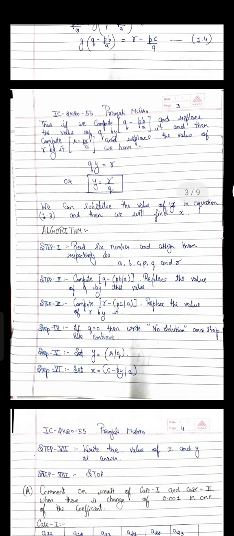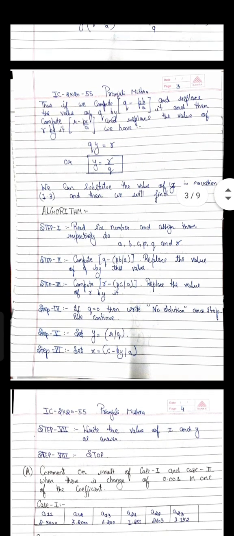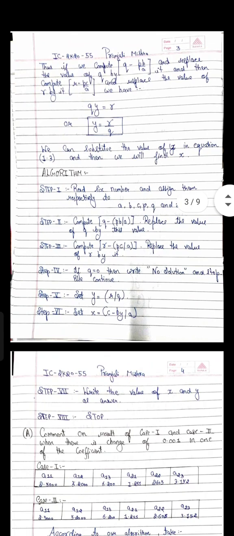Thus, if we compute q minus pb by a and replace the value of q by it, and then compute r minus pc by a and replace the value of r by it, we have y equals r divided by q. We can substitute the value of y in equation 1.3 and then we will find the value of x.